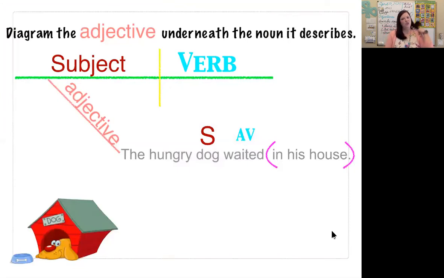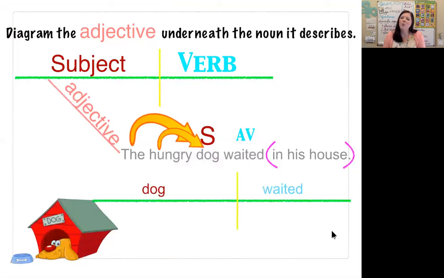However, there was an extra word that they put in there to describe or give us more information about the dog. What kind of dog is it? Well, it's a hungry dog. And which dog? The dog. When we diagram it, we'll, of course, draw our line, cut it in half, subject on the left, verb on the right.